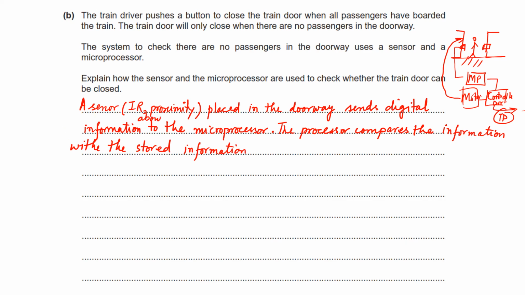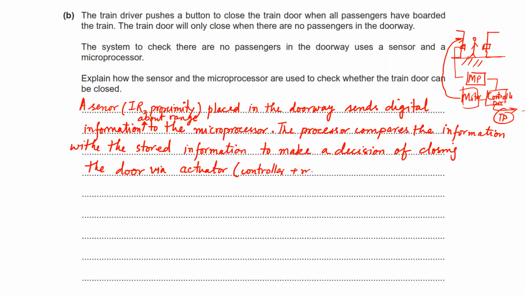We can call it stored range information, to make a decision of closing the door via an actuator. An actuator is actually a controller plus motor, we call it.